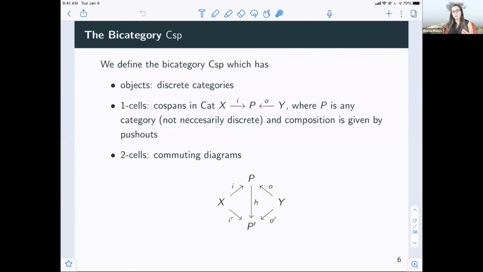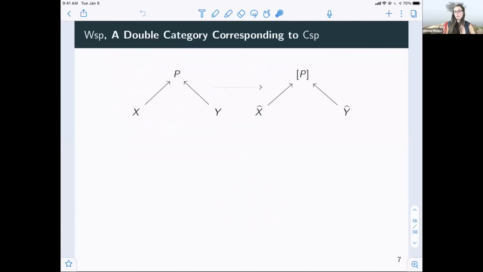So when we put together this weakly globular double category, which we've been calling WSP, the general idea is that we want to start with a one cell in the Cospan bicategory, so one of these cospans, and we want to come up with cospans in our weakly globular double category that will be generated by this cospan.